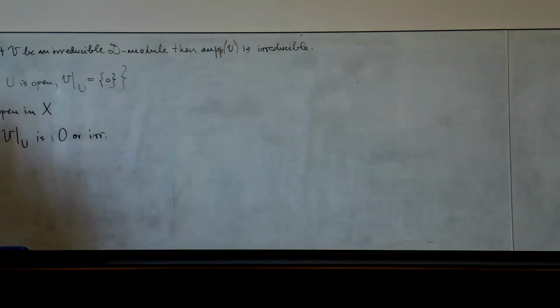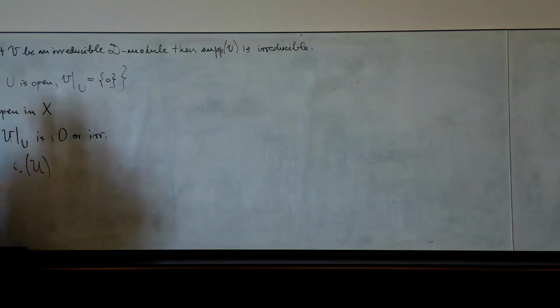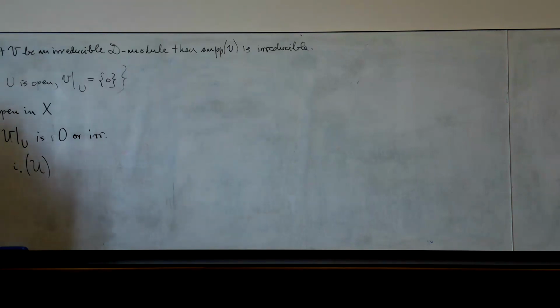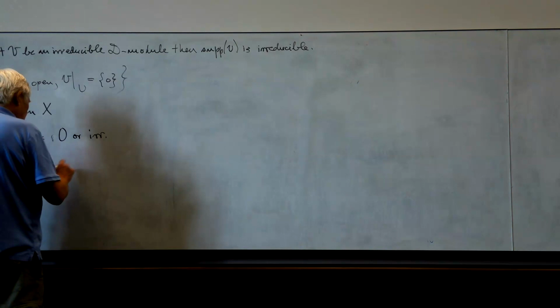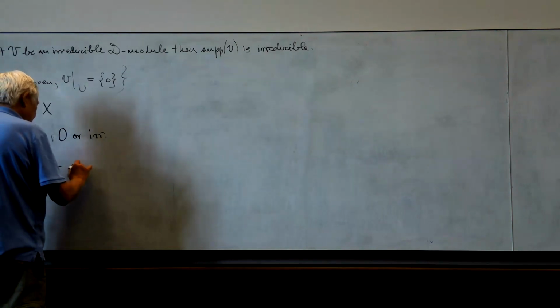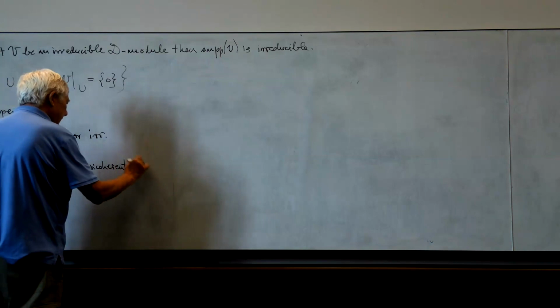So let's consider, say, an irreducible module on U, and then we can form I lower star of U, where I is, as before, the inclusion of U into X. This is clearly a quasi-coherent D of X module.